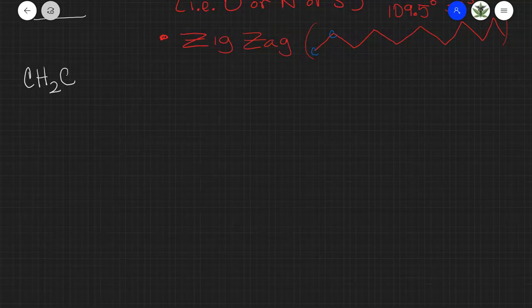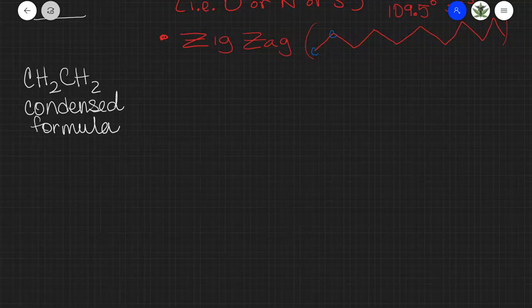CH2, CH2. Now the way that I've just written this represents a condensed formula. Again, that's when we see no bonds.